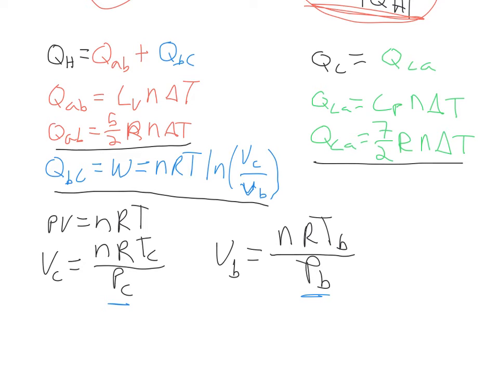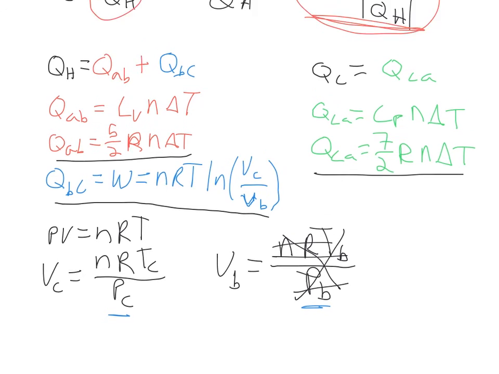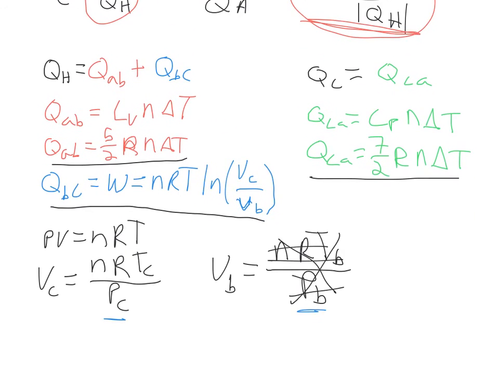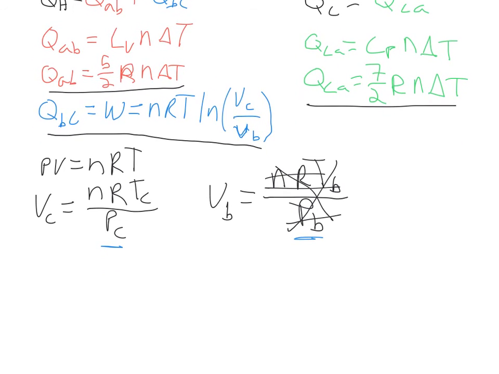But one observation that we can make is, let's ignore this equation since we don't know anything about PB, and instead, if we look up at what we told ourselves earlier, our volume at A and B are the same. So we can say that wasn't helpful.